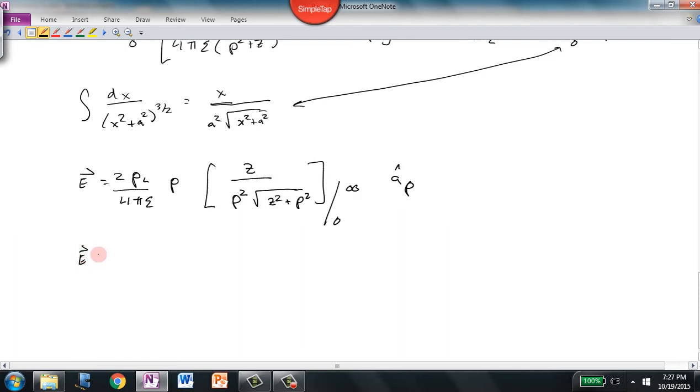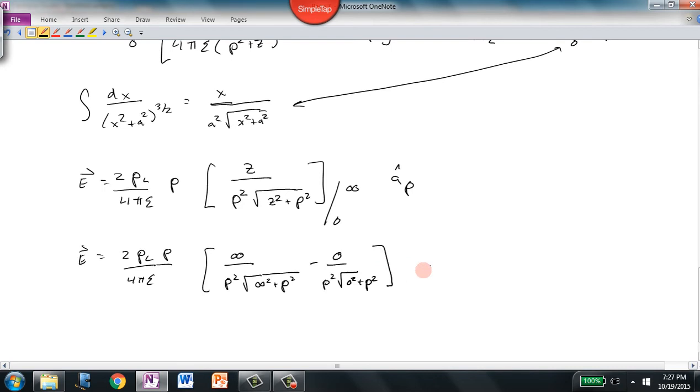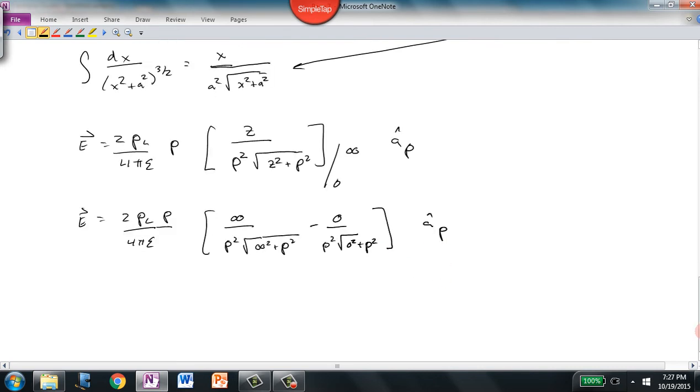The electric field intensity is equal to 2 times the linear charge density over 4 pi epsilon times rho times infinity over rho squared times the square root of infinity squared plus rho squared, minus 0 over rho squared times the square root of 0 squared plus rho squared, and all that points in the rho direction still. The second term is pretty obvious, that goes to 0.